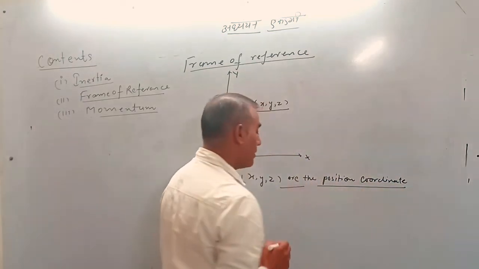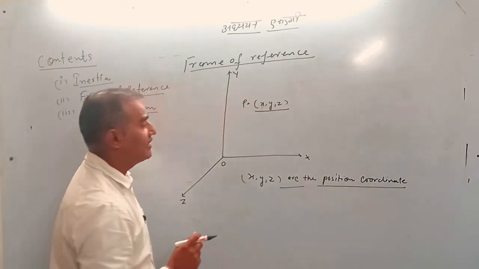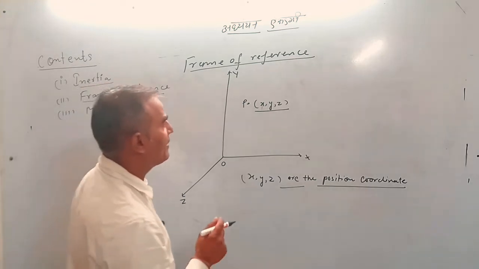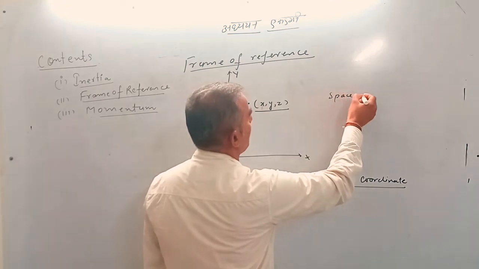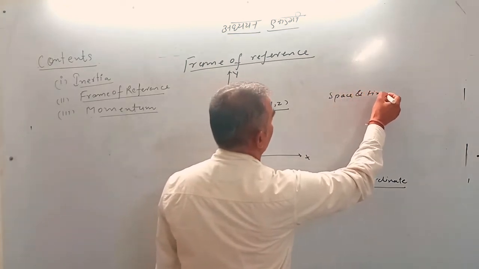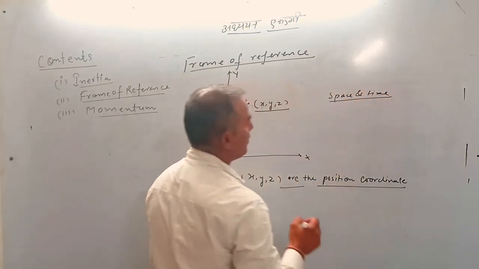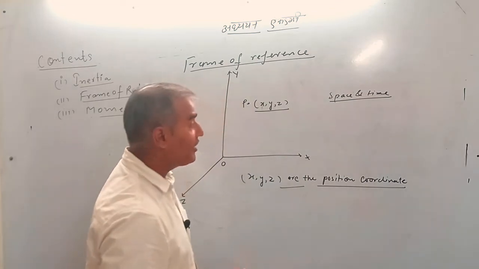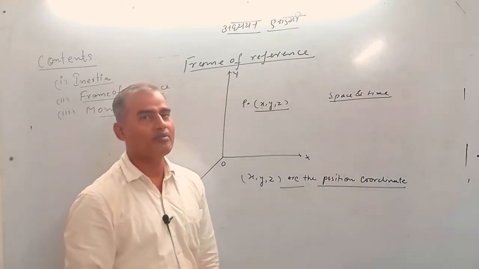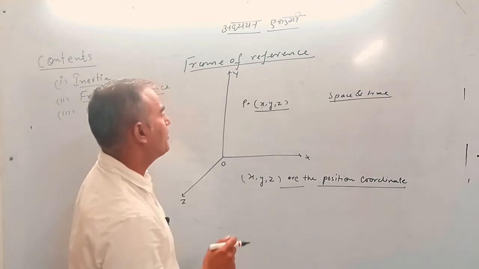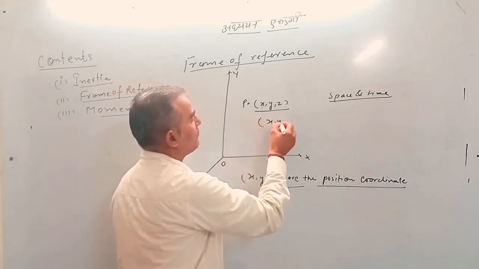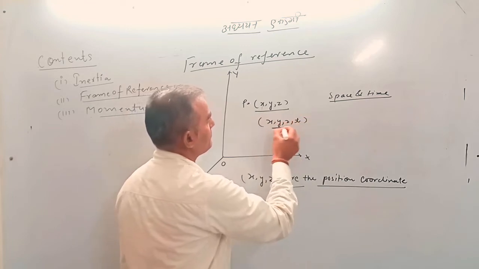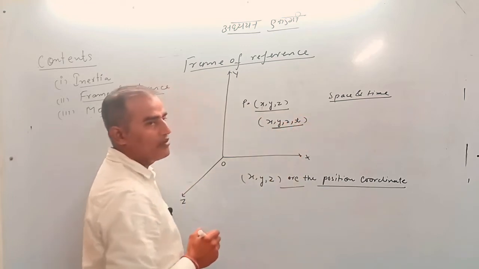You know that motion is defined by space and time coordinates. So the frame of reference is a system of coordinates where we use the 4 coordinates X, Y, Z, T. This is the frame of reference.